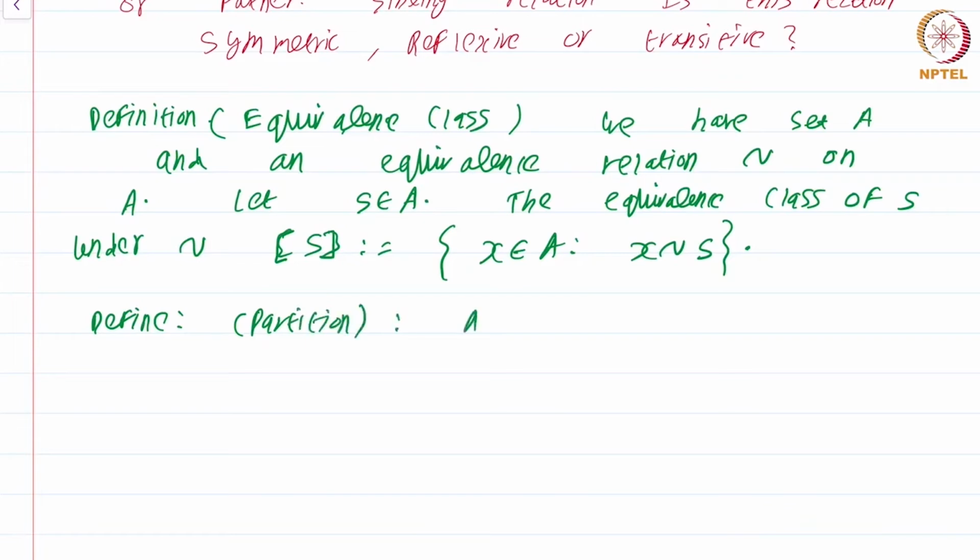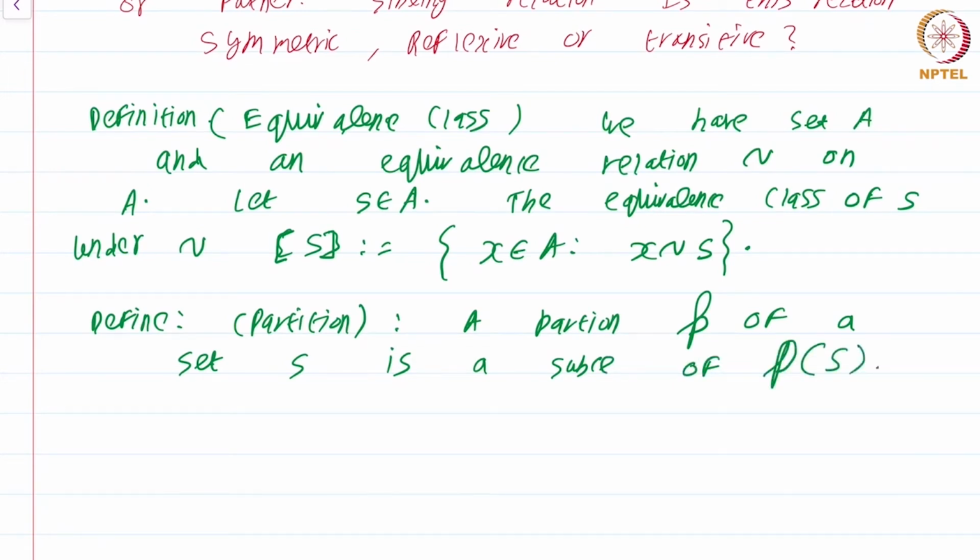A partition P of a set S is a subset of the power set of S. Recall the power set of S is the collection of all subsets of S such that, first point, the union of all the elements of P. Remember, each element of P is itself a subset of the original set S. So it makes sense to take the union of this collection. This is going to be the whole of S.